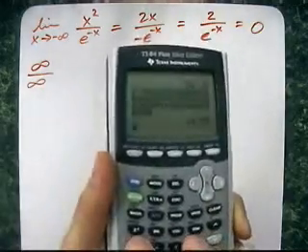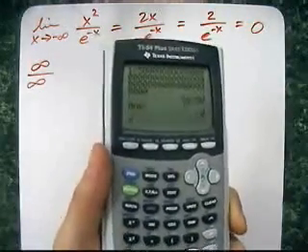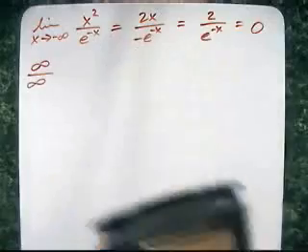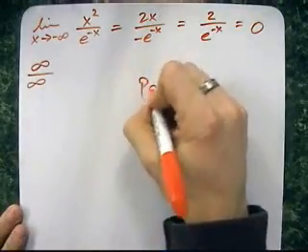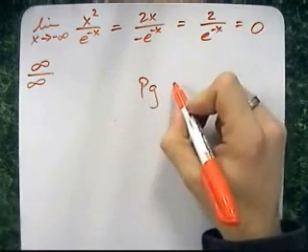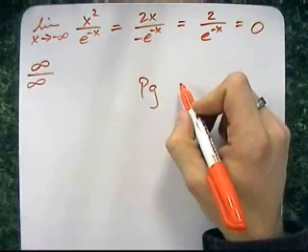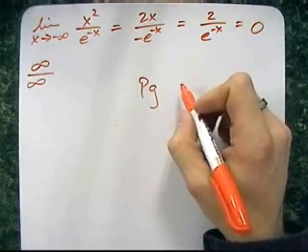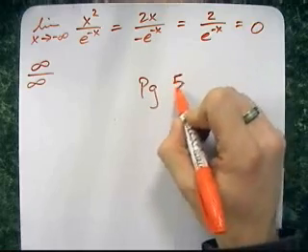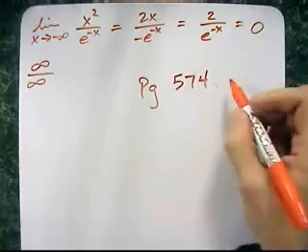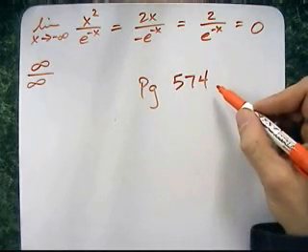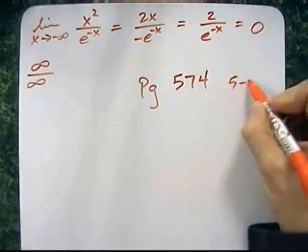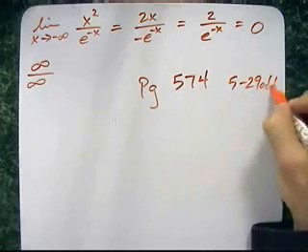Ooh, I'll square it. I win. It wouldn't be in L'Hopital's rule. That's what I was going to say. So you can't use L'Hopital's rule. Or e to the negative 3.